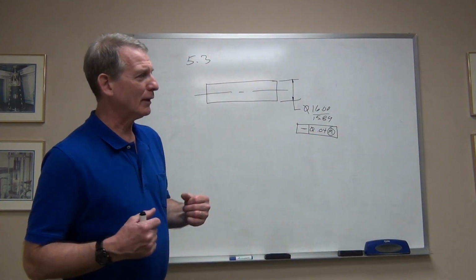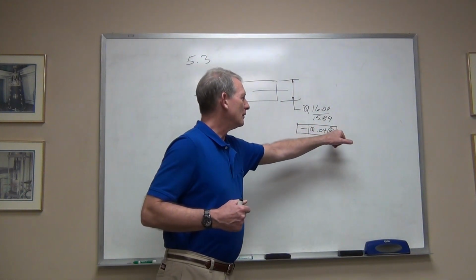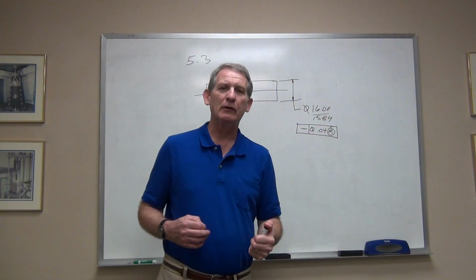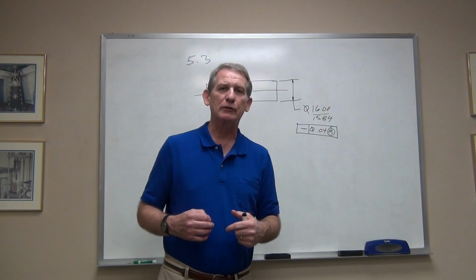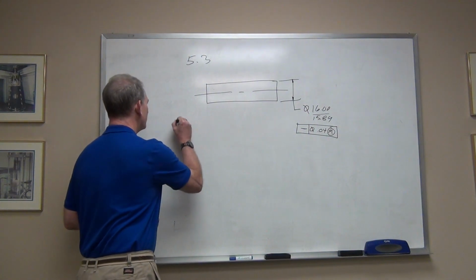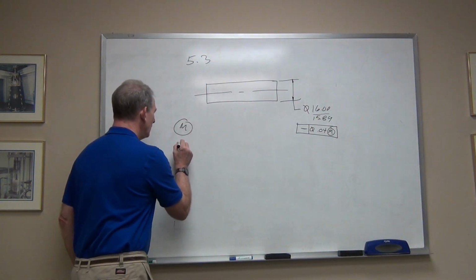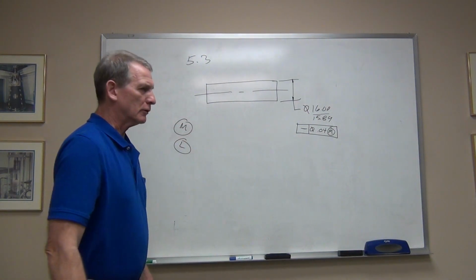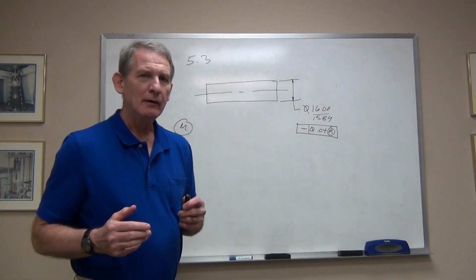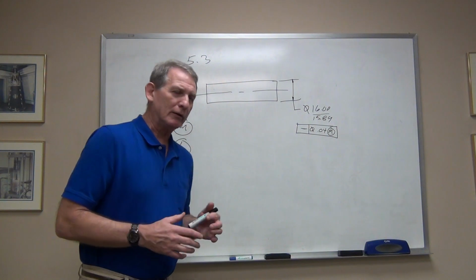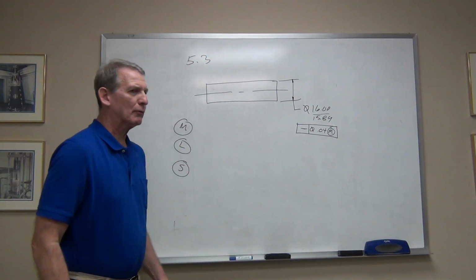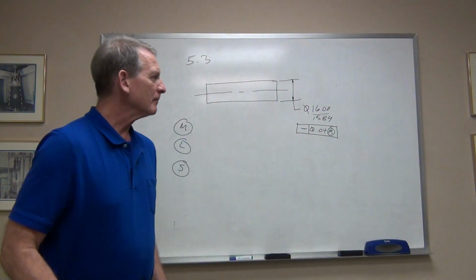And the only new thing here now is this M, which stands for maximum material condition. We call this a material condition modifier, along with this. Those are the two existing material condition modifiers. Now, stepping back though, I told you that at one point there was this that meant regardless of feature size.